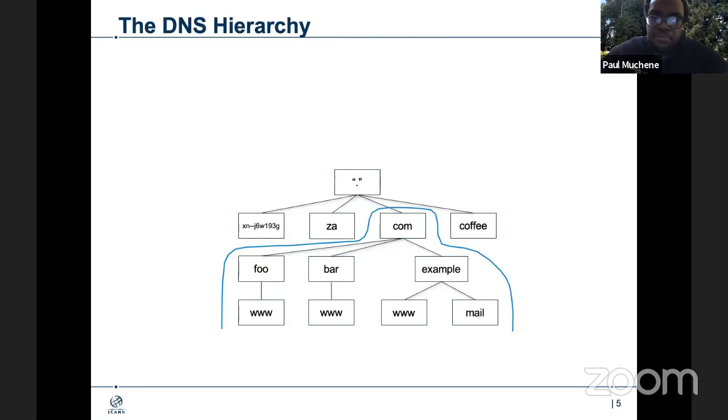Others are owned by commercial interests and other stakeholders who manage one of the top level domains. For those who've been in the ICANN community, this is something you're quite familiar with. So the root zone sits at the very top, and from there you are able to reach all the other domains, because that's where the resolution starts.